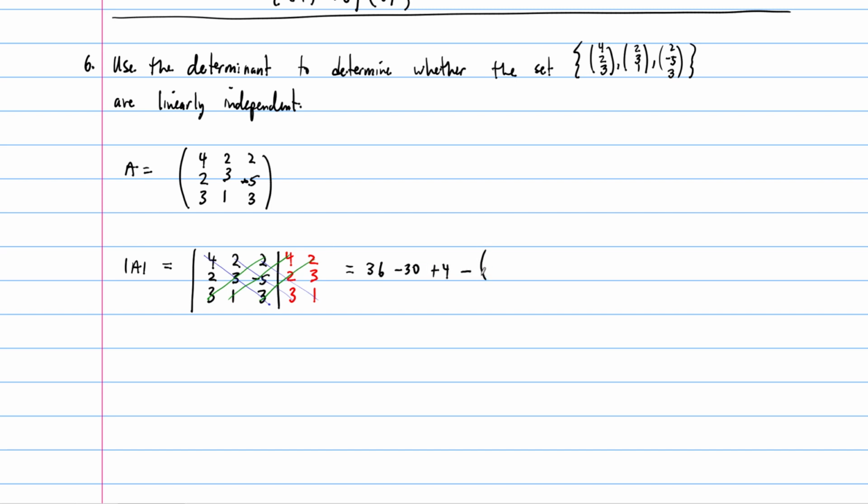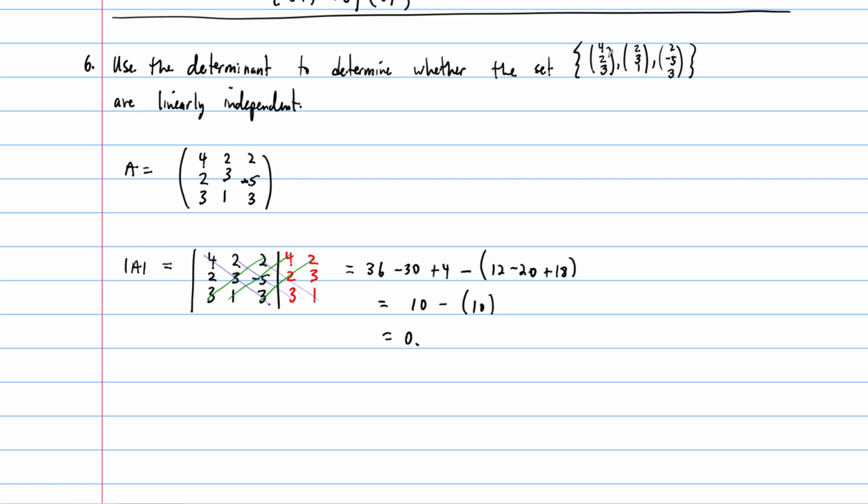And then we're going to subtract off the rest of these. So this is going to be 12, minus 20, and then plus 18. And then we just want to check and see whether we get 0 or not. So here we have 10 minus what's left in here, this is going to be 30 minus 20. So that's also 10. And notice what happens. We get 0. So for this example, the determinant is 0.